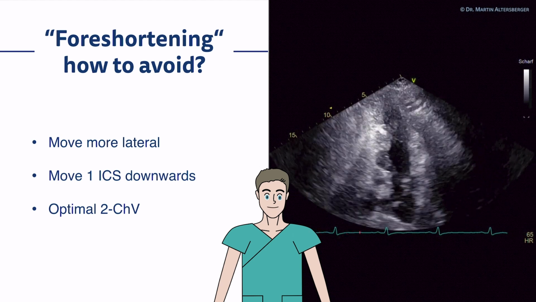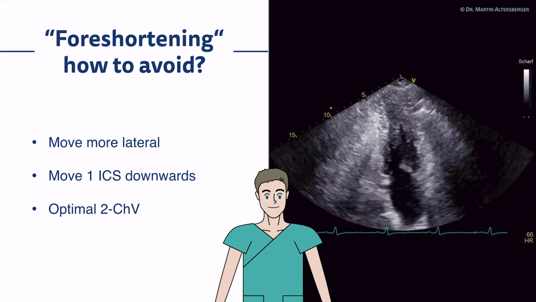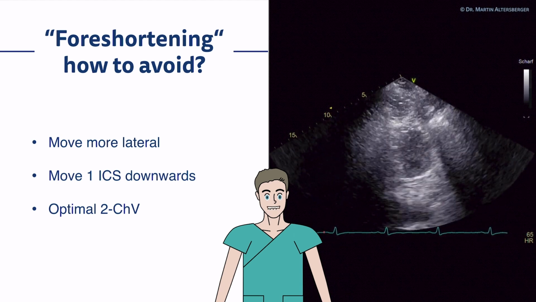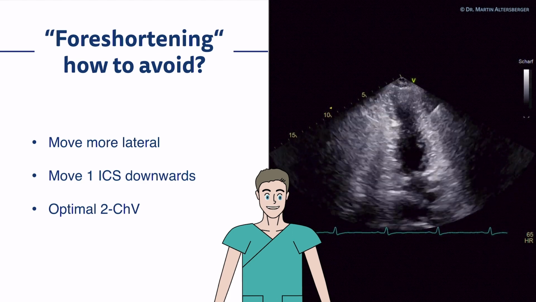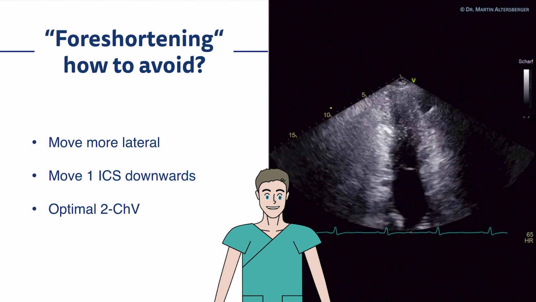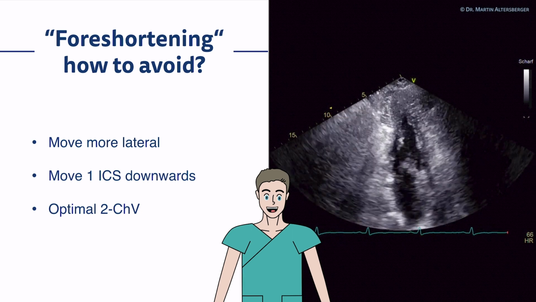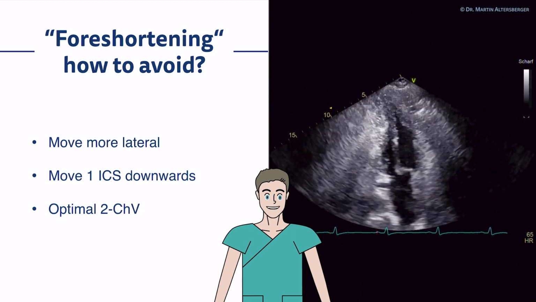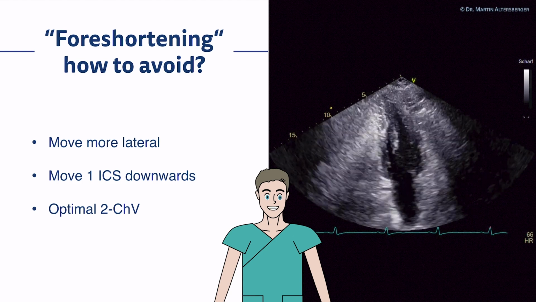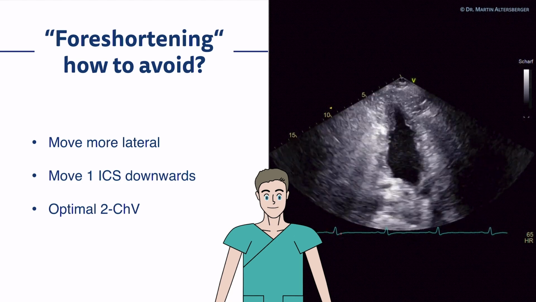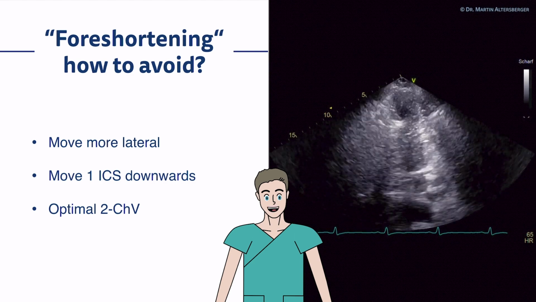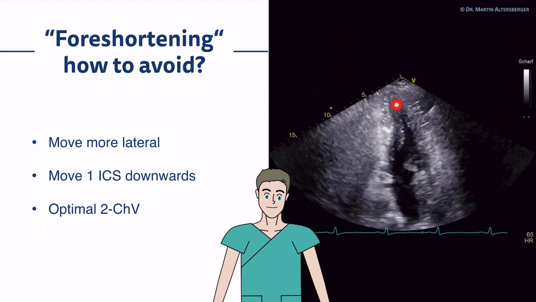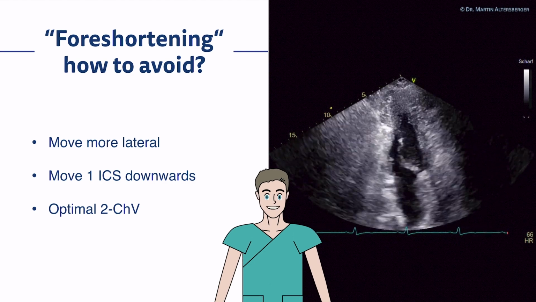As said earlier, just try one intercostal space downwards and overall more lateral, more downwards for the apical views. And if you have an optimal two-chamber view, you can see that foreshortening can be avoided in this case. So the true left ventricular apex normally, not in this case where we have again the apical hypertrophic cardiomyopathy, the apical regions, really the apex, is very, very thin.